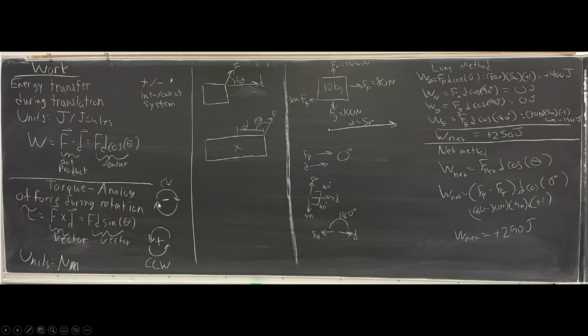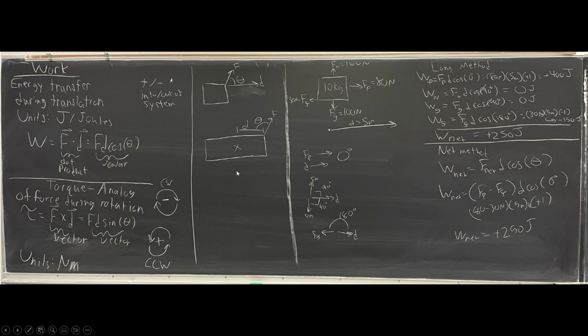If we have a force that is going to cause clockwise rotation, then we'll call that negative torque. And if we have a force that's going to cause counterclockwise rotation, then we'll assign that as positive torque. And torque here is represented by tau, and work here is represented by capital W.